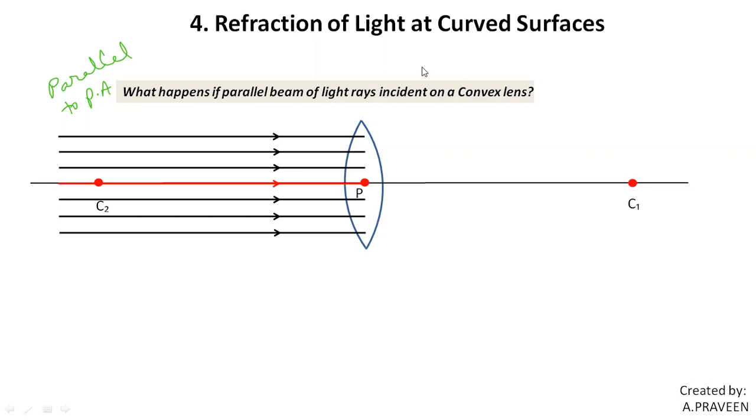Here just one condition is there, and I'll remind you of it. Whatever it may be, you are dealing with the lens. Up to now, we dealt with surfaces with only one curved surface. Now we are dealing with two curved surfaces.